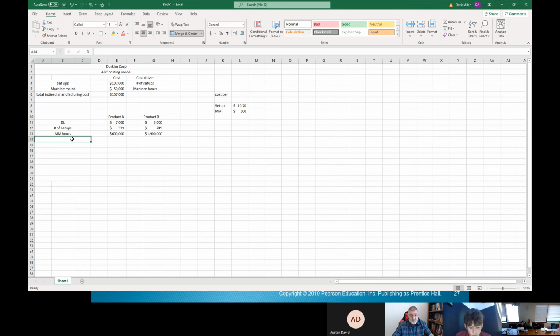So what we've got to do is come down here and say our total manufacturing cost. Owen, how am I going to get my total manufacturing cost for product line B? Wouldn't you just add all that together? Right.